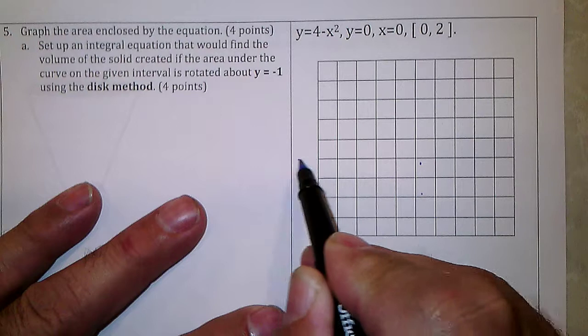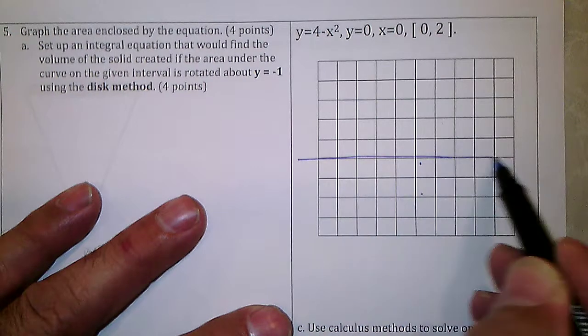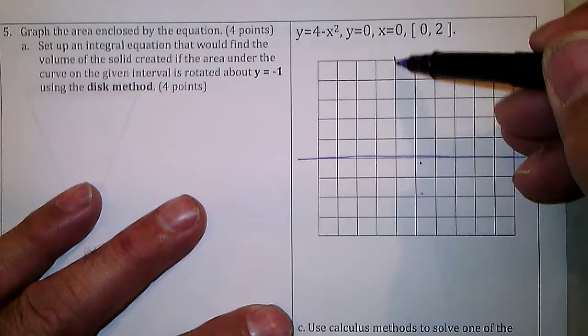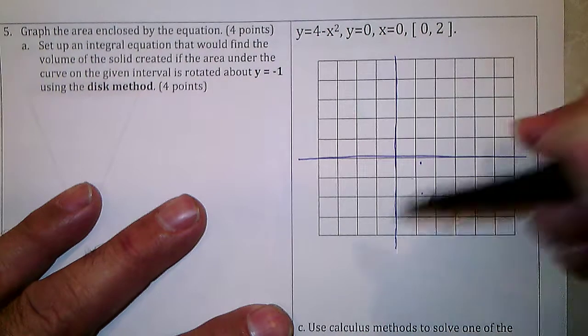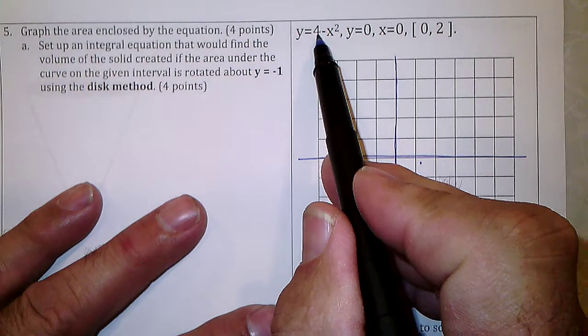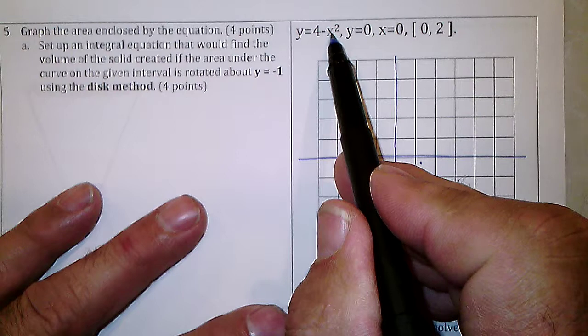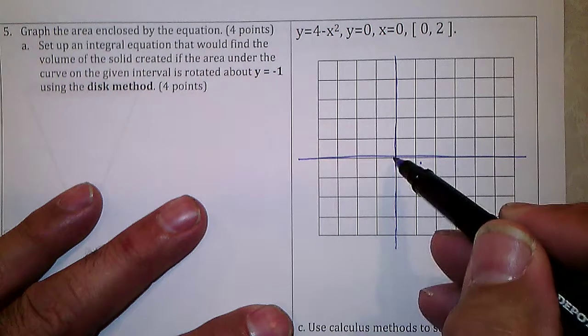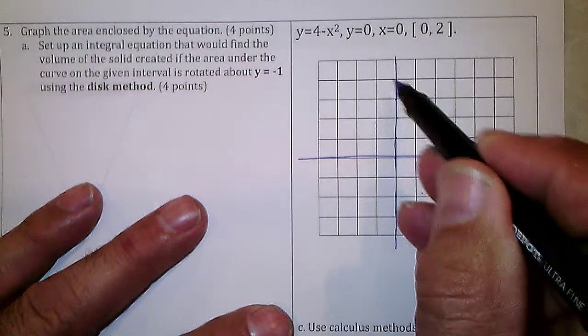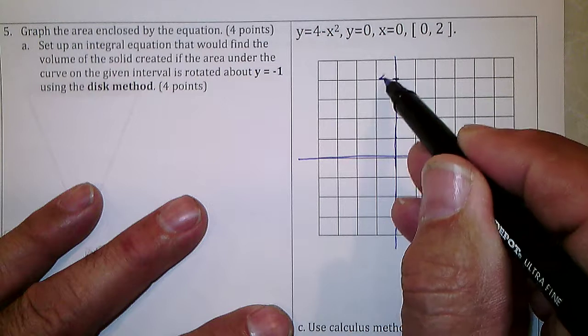So I'm going to draw my x-axis here, my y-axis here, and I'm going to draw 4 minus x squared. That's a parabola moved up 4 and upside down.